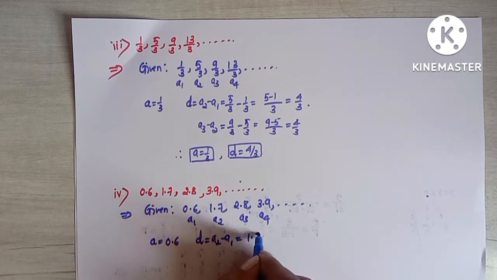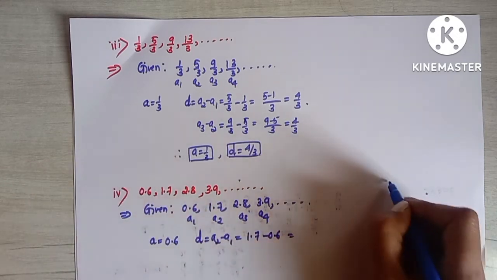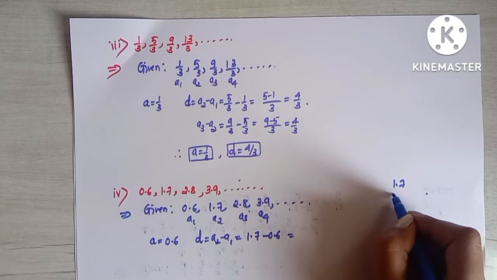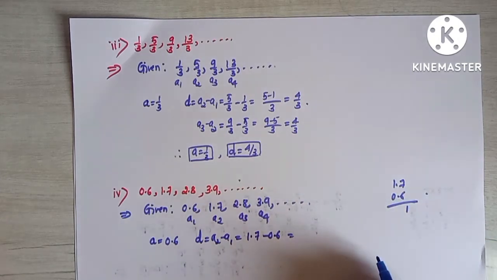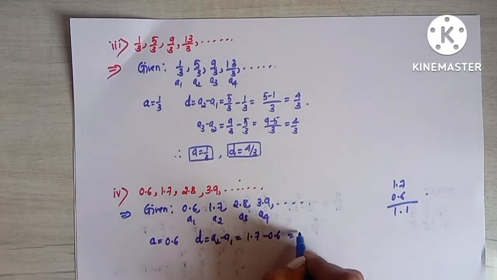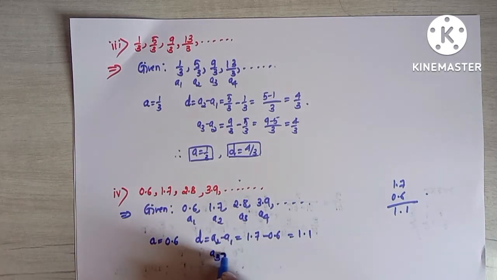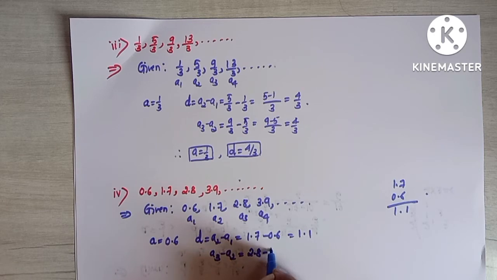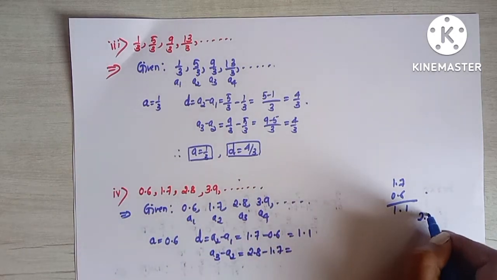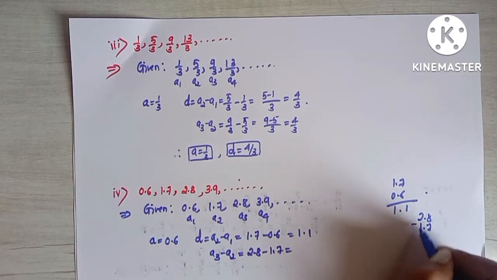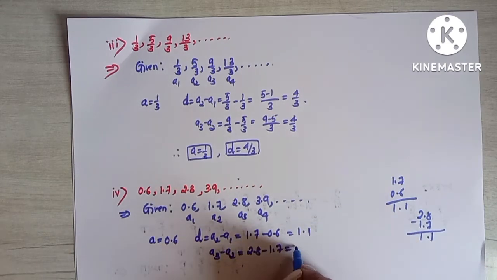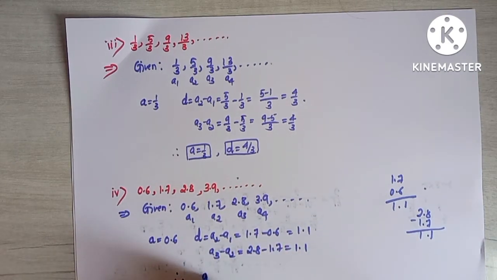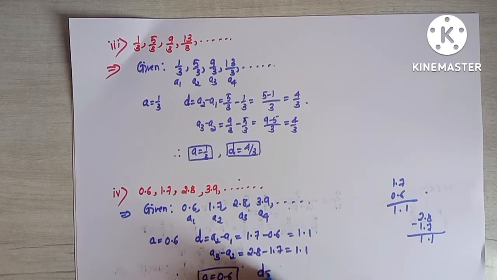What is A2? 1.7. What is A1? 0.6. So what is 1.7 minus 0.6? That is 1.1. Next, A3 minus A2. What is A3? 2.8. What is A2? 1.7. So 2.8 minus 1.7 is 1.1. Therefore, here A is 0.6 and D is 1.1.